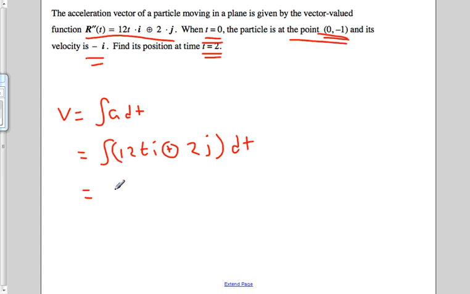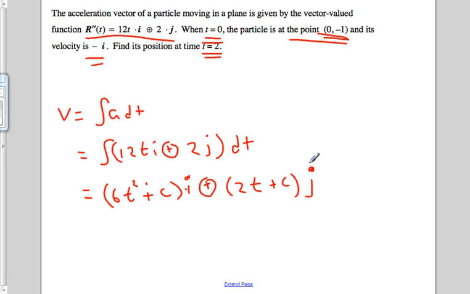So 12t integrates to 6t squared plus c in the i direction, plus 2 is going to integrate to 2t plus c in the j direction. Now we need to find out what each of those c values are. And just to make it a little bit clearer for us, let's call this c sub x and this c sub y.